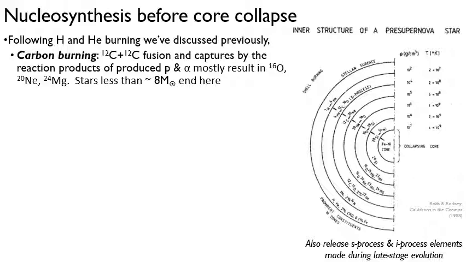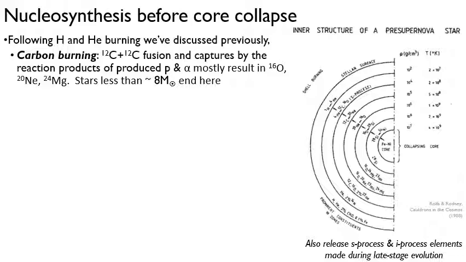So once you've converted helium into carbon via the triple alpha process, you now have a carbon core, and that carbon can burn via carbon-carbon fusion. Carbon can also capture alpha particles and produce oxygen-16. So you basically convert your carbon core through carbon burning to make oxygen, neon, magnesium.